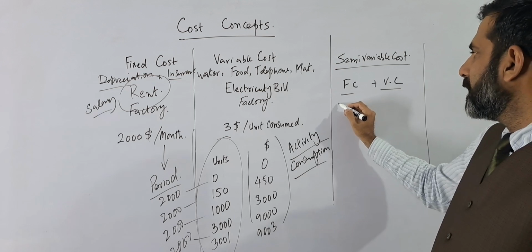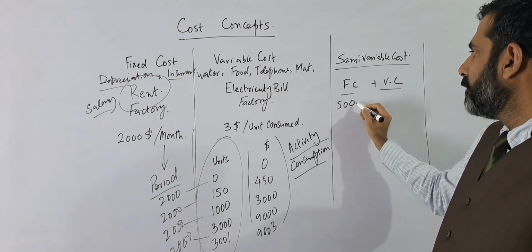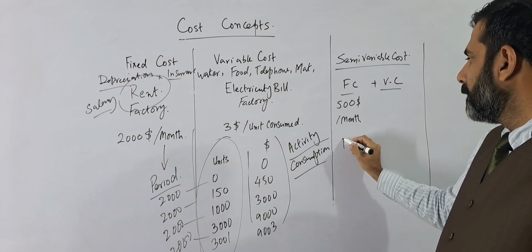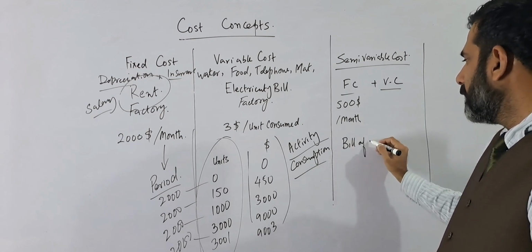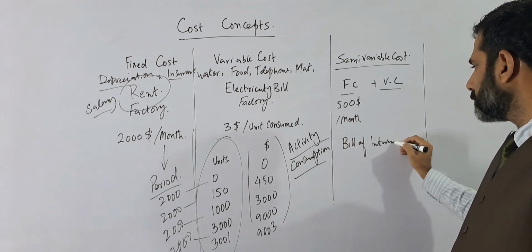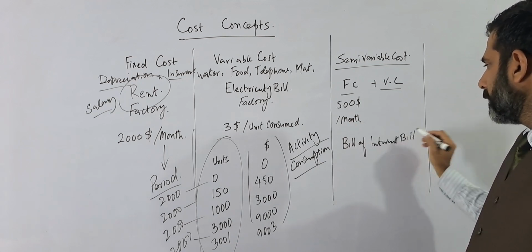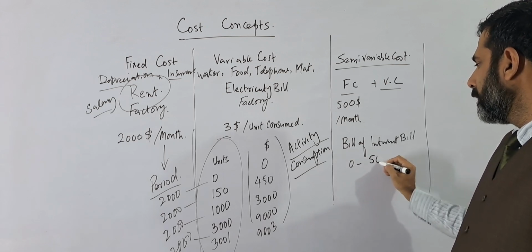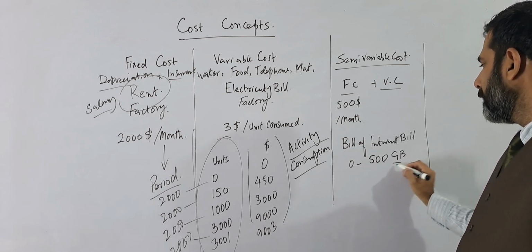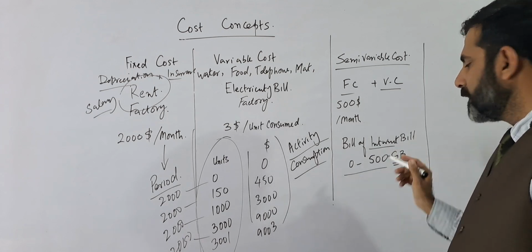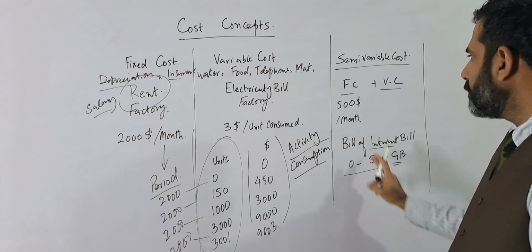Let's take an example: they have to pay, let's say, $500 per month for an internet bill, and they can use from 0 to 500 gigabytes of internet.